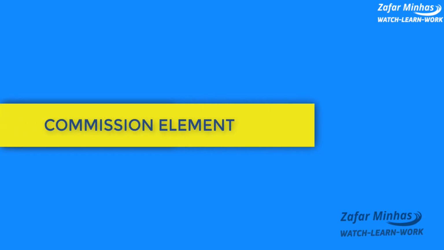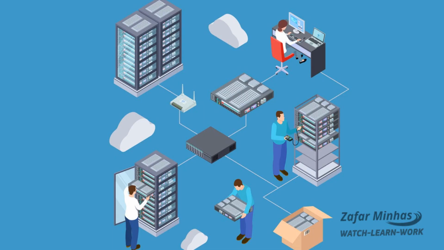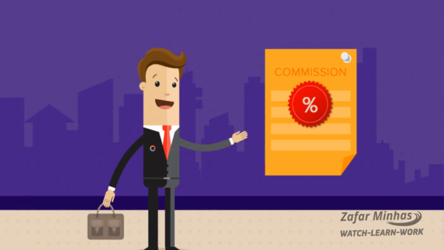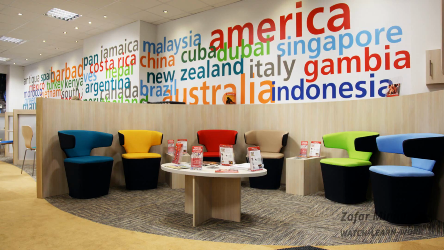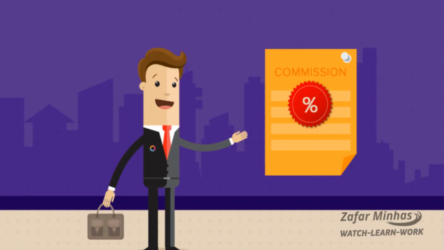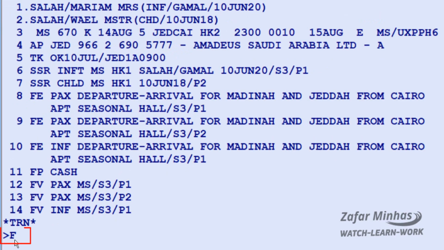Third ticketing or fare element is commission. It can be optional depending on your market and office profile settings. This is based on the ticket commission agreement between airlines and whoever issues the ticket. Commission can be entered either as a percentage of fare or a fixed amount. To enter a fixed amount, use FM commission transaction plus 50 Saudi Riyals in local currency followed by A amount indicator.